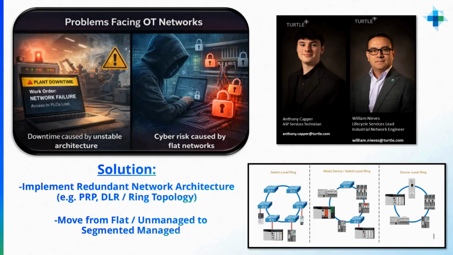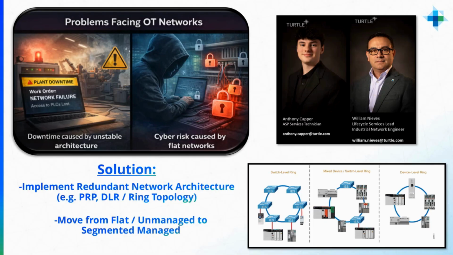Pretty much legacy OT environments were built using flat network designs and unmanaged switches, which provide little control over traffic and can introduce serious risks such as network loops, lack of visibility into devices, and increased cybersecurity exposure, often resulting in unstable communication between PLCs, HMIs, and drives, and ultimately leading to unplanned downtime.